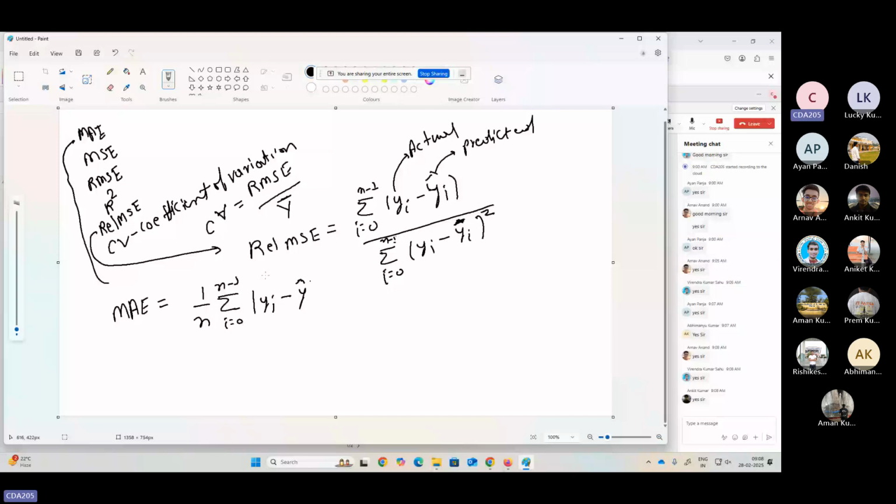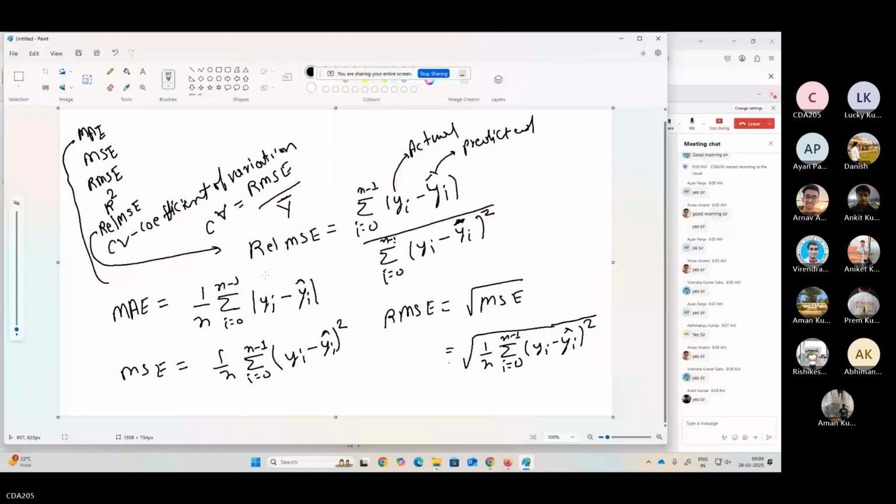What is MSE? That is 1 by n summation i equal to 0 to n minus 1 of (yi minus yi cap) whole square. What is root mean square? RMSE is the under root of MSE, so under root of 1 by n summation i equal to 0 to n minus 1 of (yi minus yi cap) whole square.